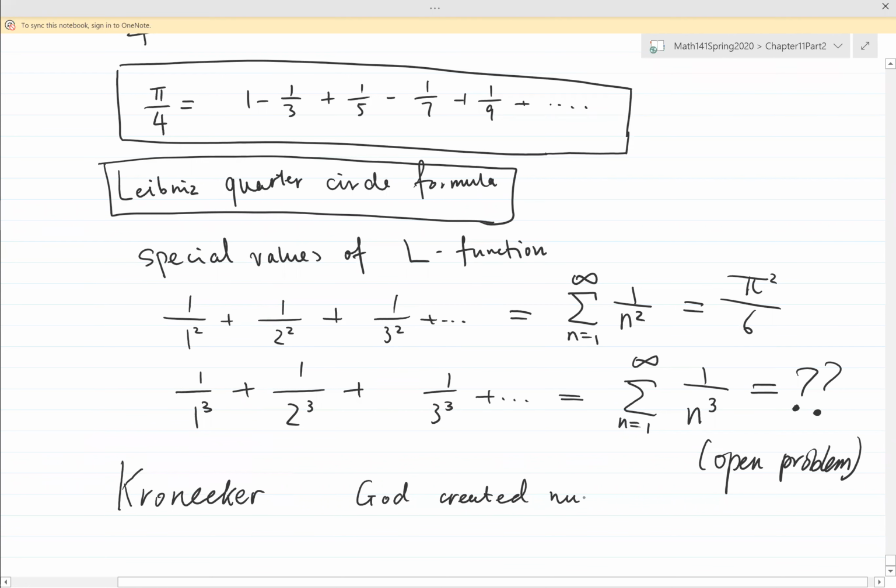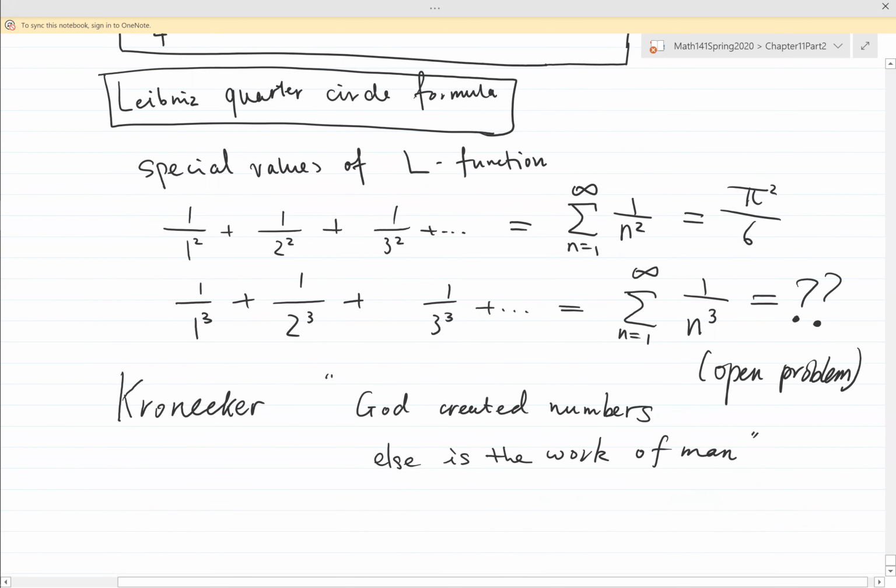Now you see, number theory is a really beautiful area. Of course, this was written in German. If you translate it into English, it looks like this.